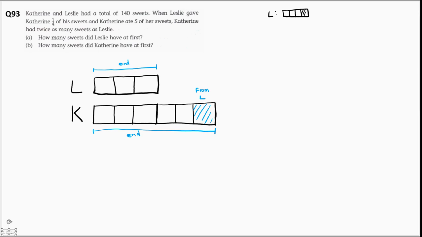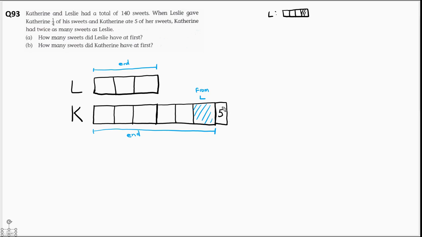I noticed that in the textbook answers, they added the 5 onto here. You could do it there, or you could do it there. It doesn't matter as long as you are sure of what that means. Let's say I put it here. So this is going to represent the 5 sweets that Catherine ate.